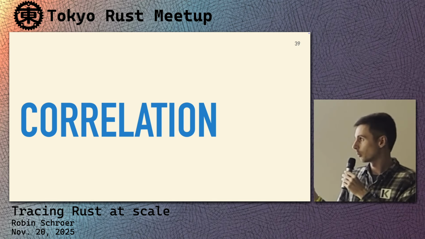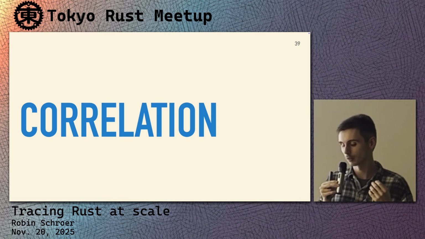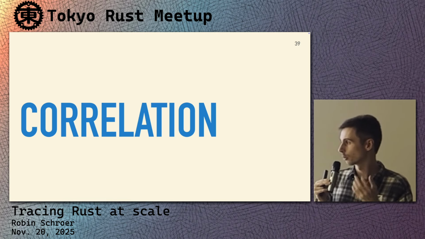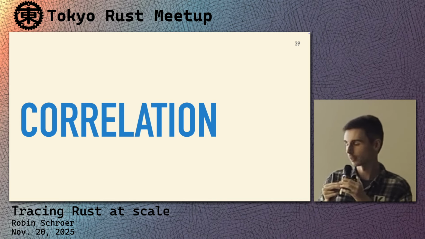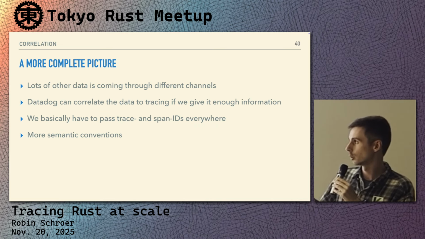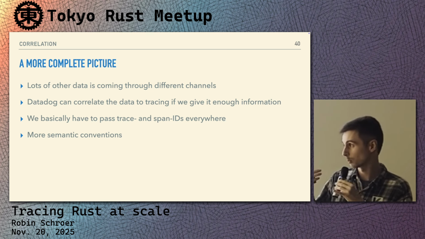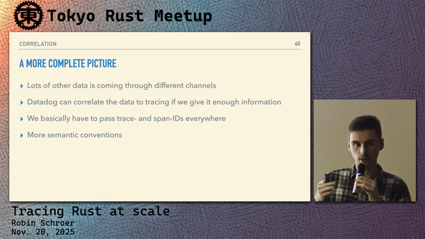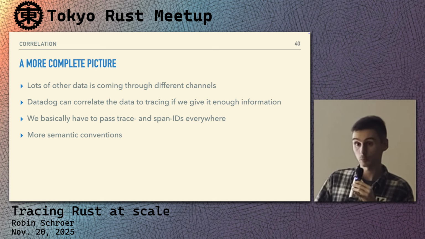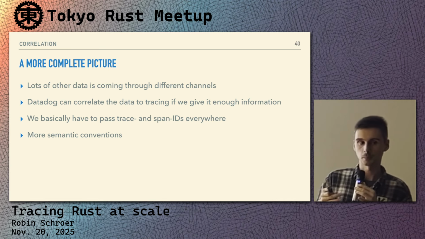So one of the things all the tagging gets us is correlation. And I mentioned the competitive advantage, in my opinion, of Datadog is they can correlate a lot of data. So if we have a lot of data coming from different sources, maybe some submitted explicitly to the agent, some collected through the agent, some actually coming from somewhere else, Datadog can put all that data back together.